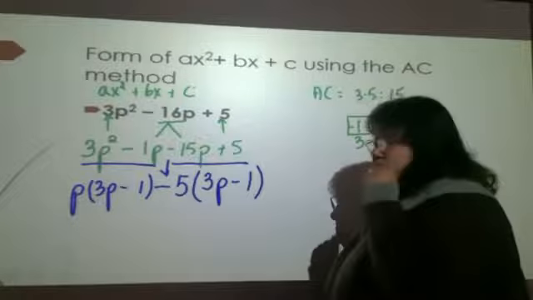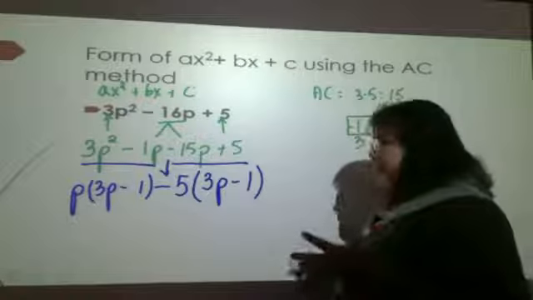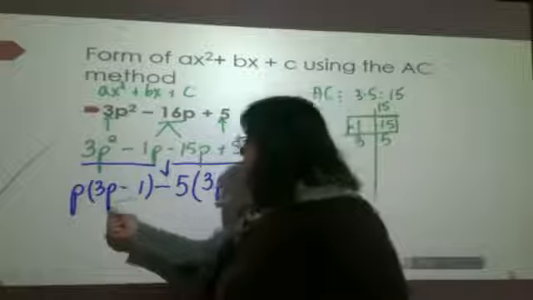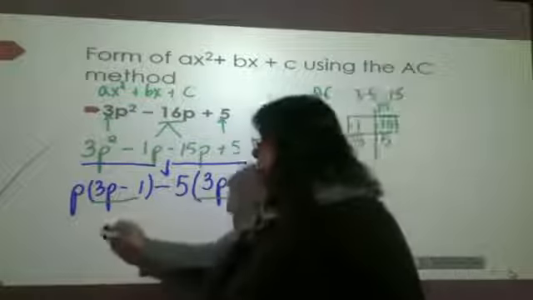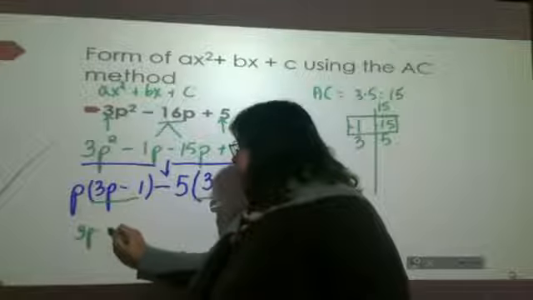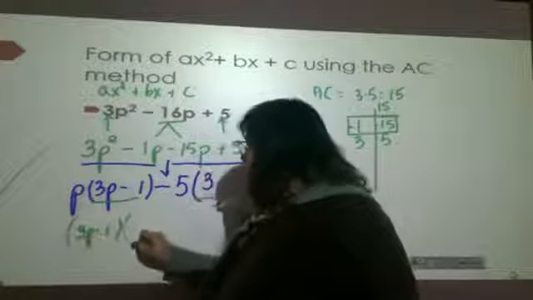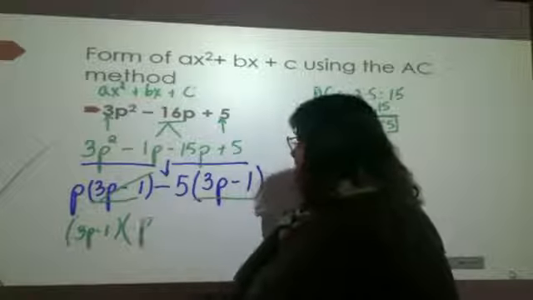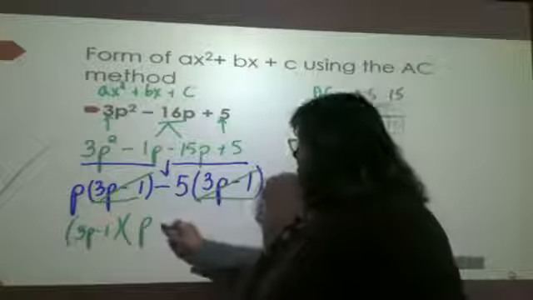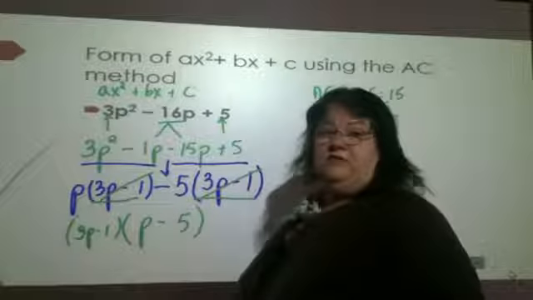Remember, a second ago I said we're going to be looking for those matching terms. Well, here they are, 3p minus 1, 3p minus 1. So we're going to factor that to the front. When we look at the first group, if we factor that out, we're left with a p. We look at the second one, what's left is the minus 5.